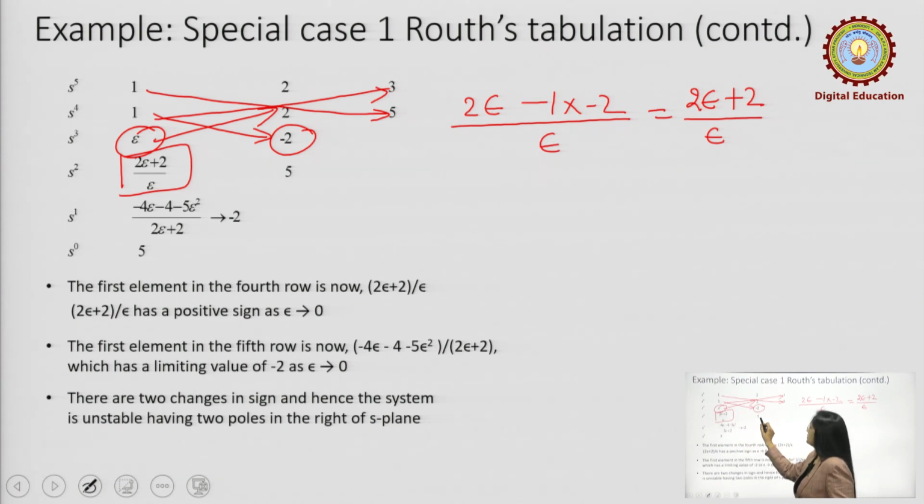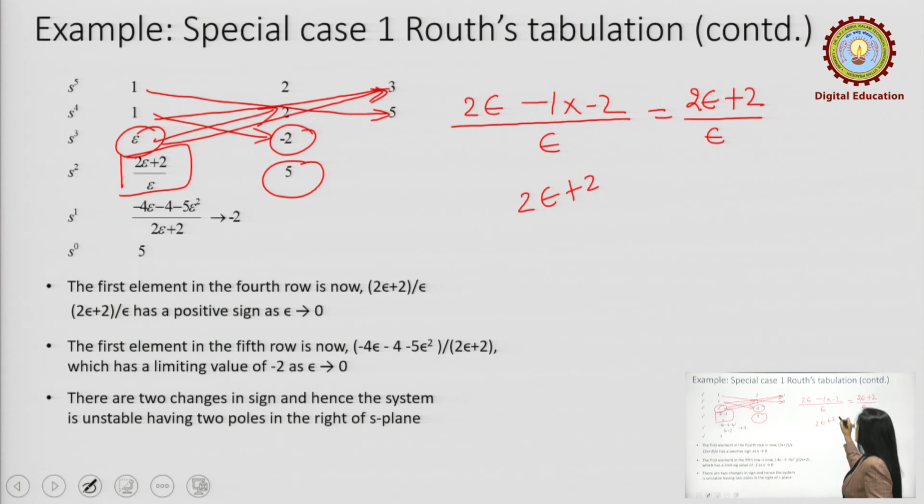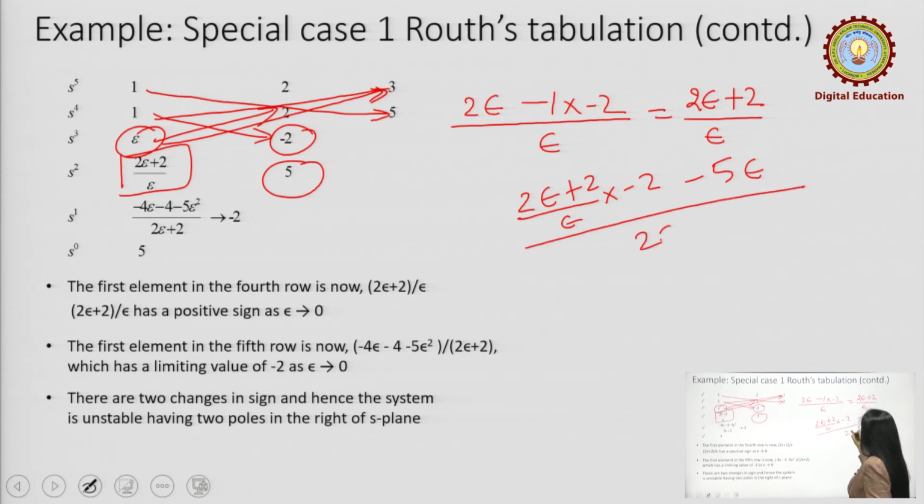Then this is obtained and we get this value as 5 into 3, and upon this we get this as 5. And what about this term, the first element? It is 2 epsilon plus 2 upon epsilon into minus 2 minus 5 epsilon divided by 2 epsilon plus 2 upon epsilon.